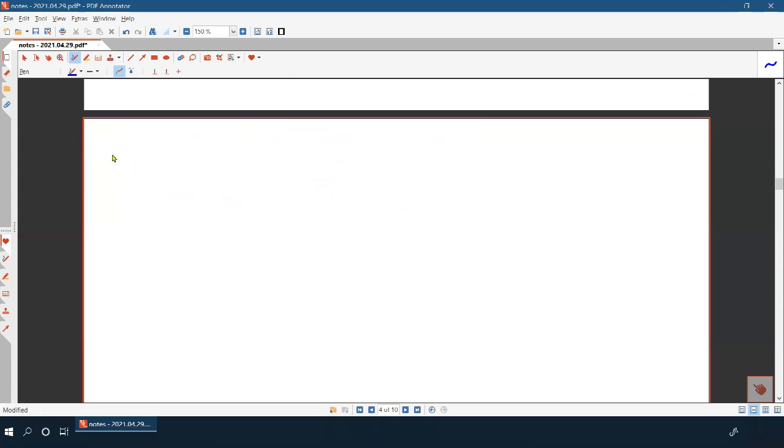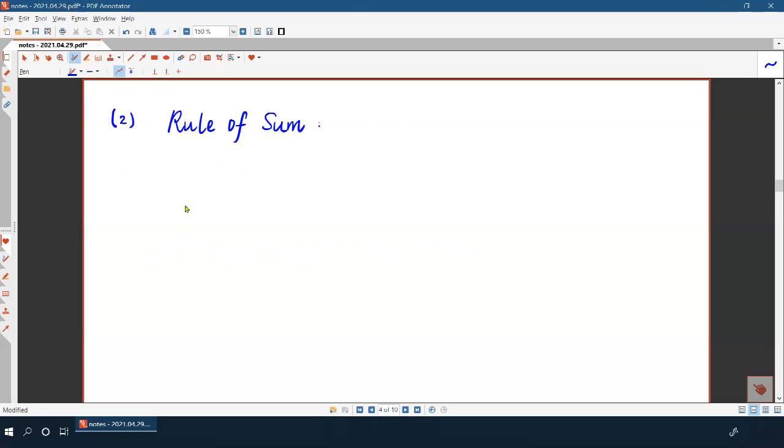And second, we have learned the rule of sum. The rule of sum states that if a task has only one step, but for this step we have k different types of methods. For the first type of methods, we have M1 sub-methods to finish.